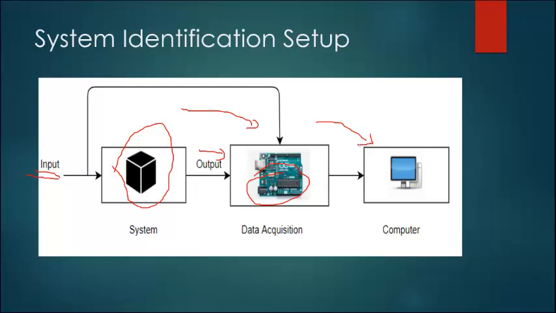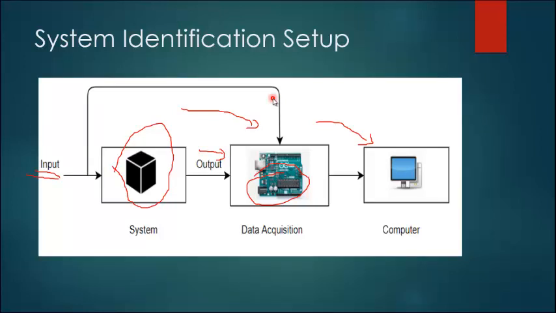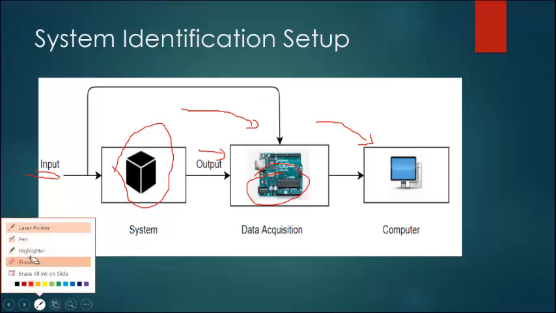If it has an identification toolbox, like MATLAB has a nice system identification toolbox, we can use it in such calculations, or we do our own calculations based on the data we have: system identification from a step response. So in this block diagram we have our system and our setup just like this.